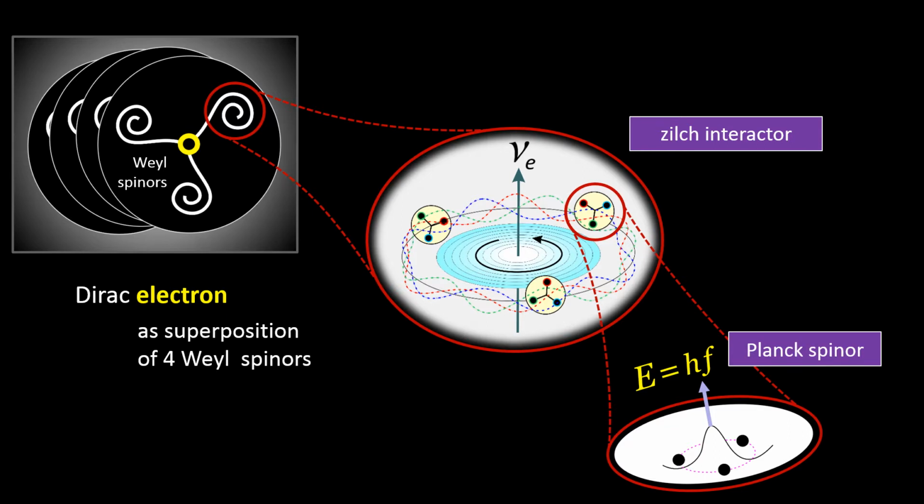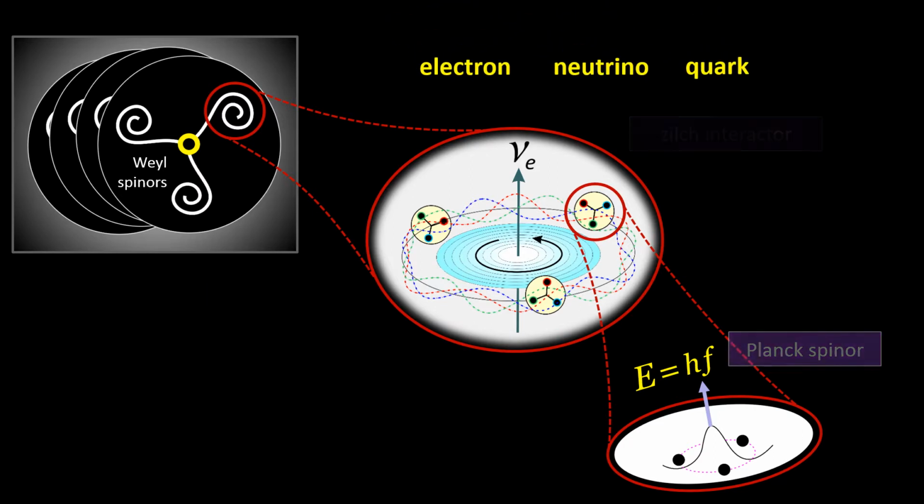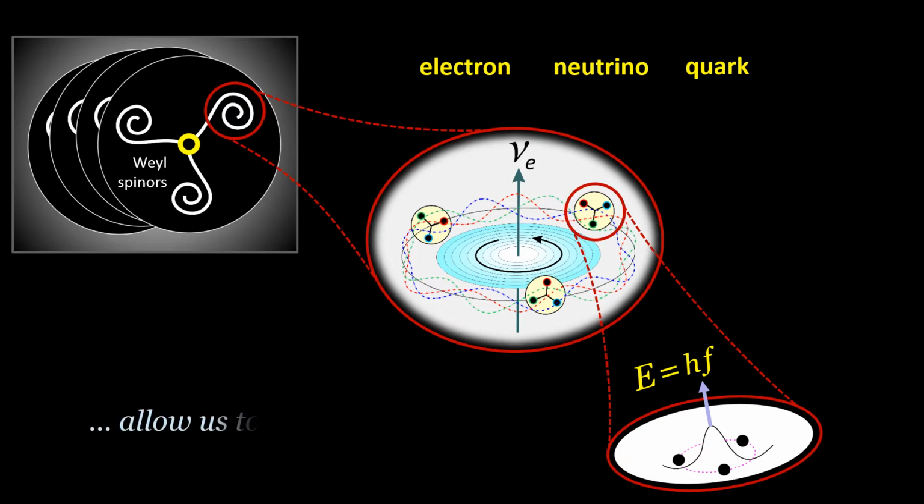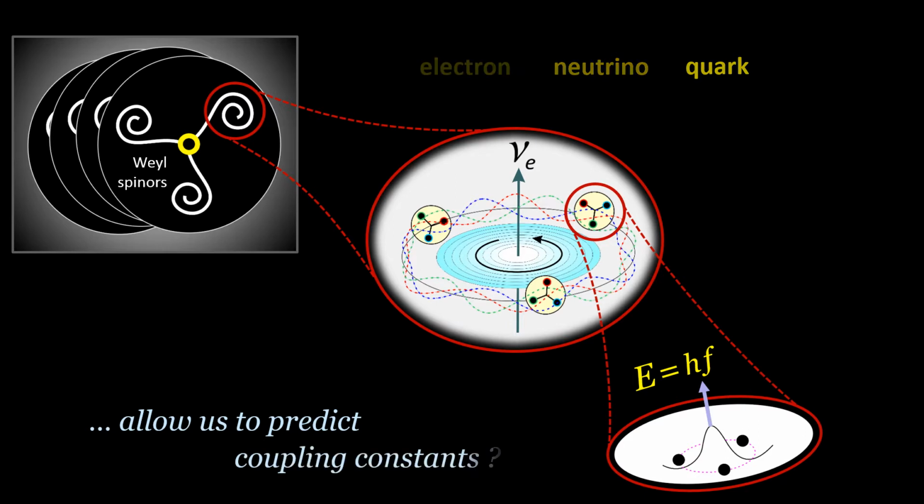We can use the same sort of scheme for all leptons and quarks, and as you might expect, accounting for all these internal spinning parts might even allow us to predict the so-called coupling constants of all standard model particles, which is something that all physicists are very keen to do.